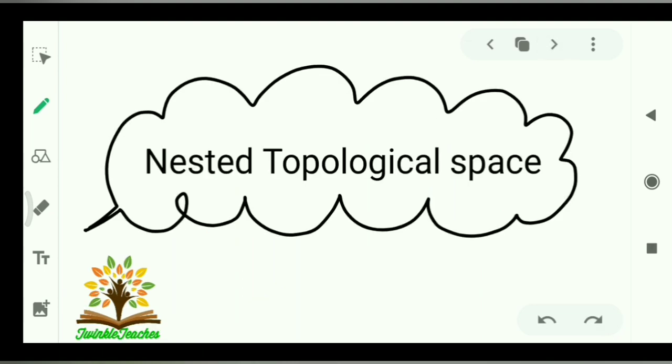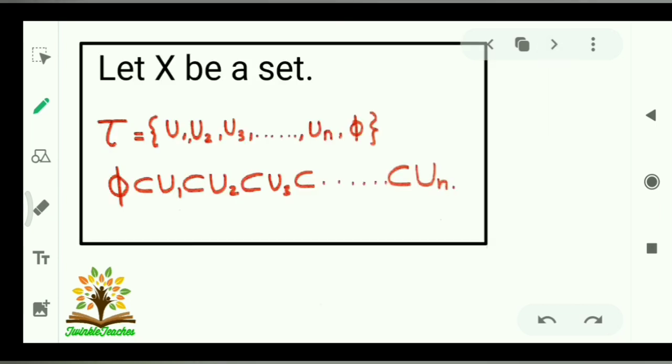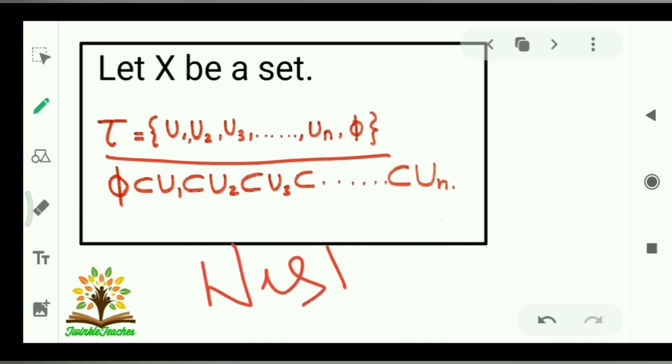Let's come to the next, nested topological space. Tau contains elements like U1, U2, U3, where all these U's are subsets of X and they are related by the nested property, which says that phi is contained in U1 and U1 is contained in U2, up to U(n-1) is contained in Un.